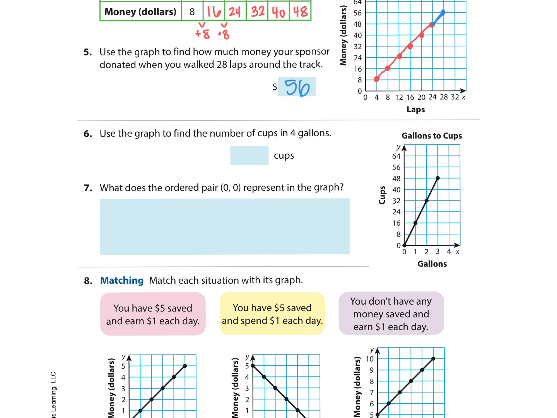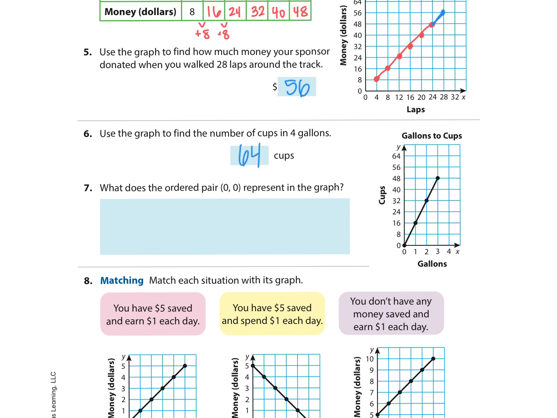Okay, let's go ahead and check over the number 6 and 7 that you just did. So number 6 again says use the graph to find the number of cups in 4 gallons. So here's my gallons. I want to find 4 gallons, and I want to figure out how many cups. So if I continue this trend of increasing 8 cups for every 1 gallon, I go up 8 more for the next gallon, 8 more for the next gallon, 8 more for the next gallon. That means that at 4 gallons, I am at 64 cups.